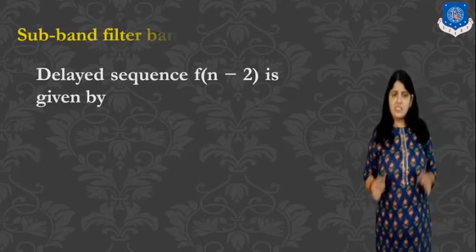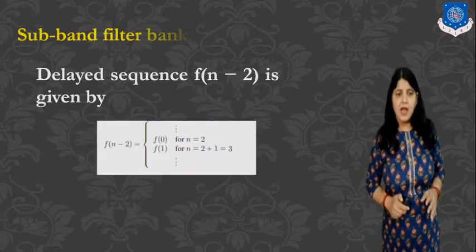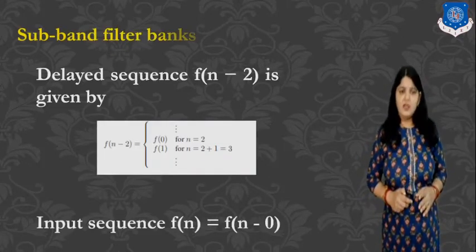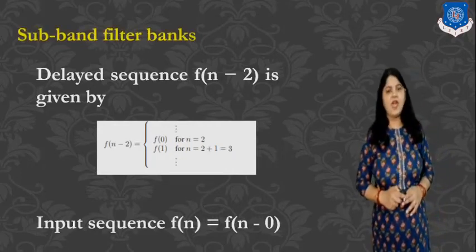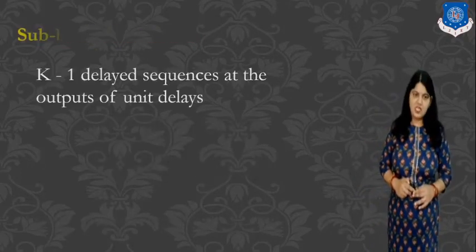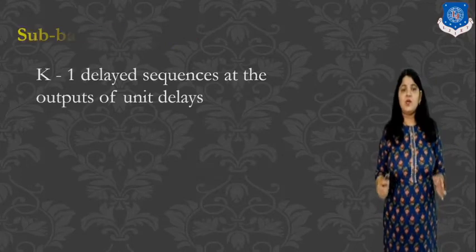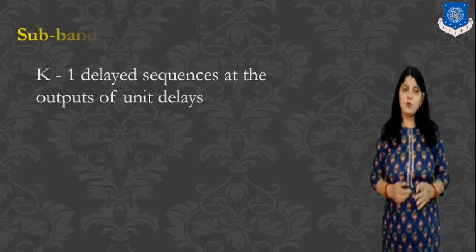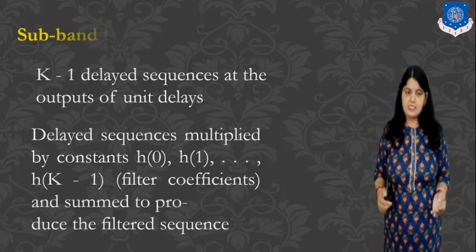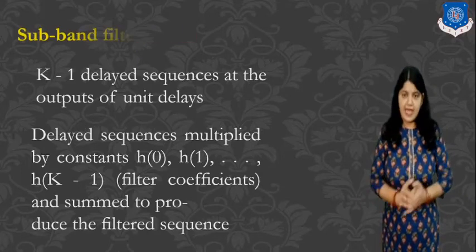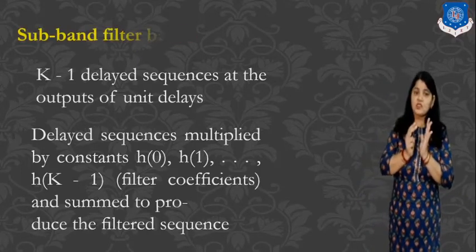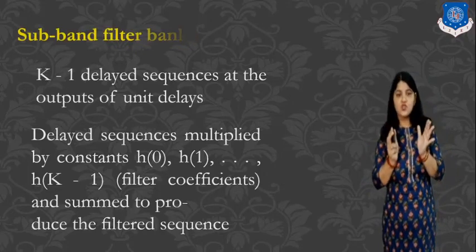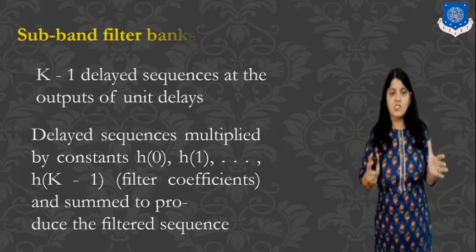Now the delayed sequence is also given by this particular equation. The input sequence f of n is equal to f of n minus 0, followed by the k minus 1 delayed sequences at the output of the unit delays, as we have seen in the diagram. The delayed sequences are multiplied by the constants h0, h1, up to h of k minus 1.